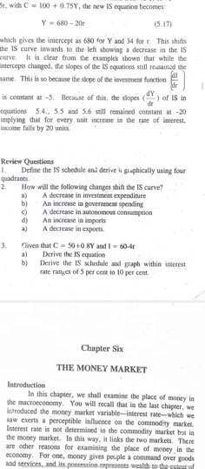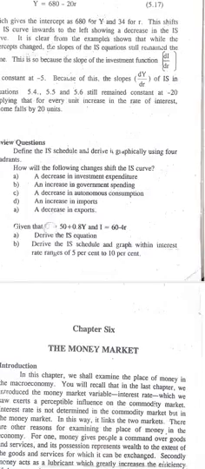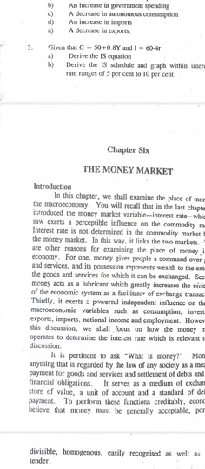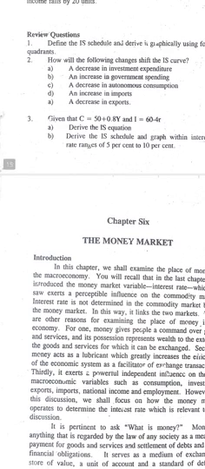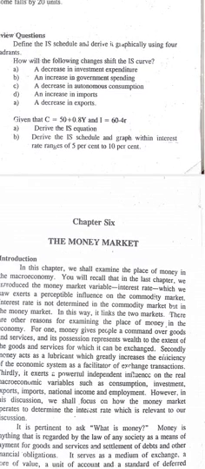So you take time to go through the mathematics while I enter the money market. The money market is going to be in the third model. I've given you details of the commodity market.